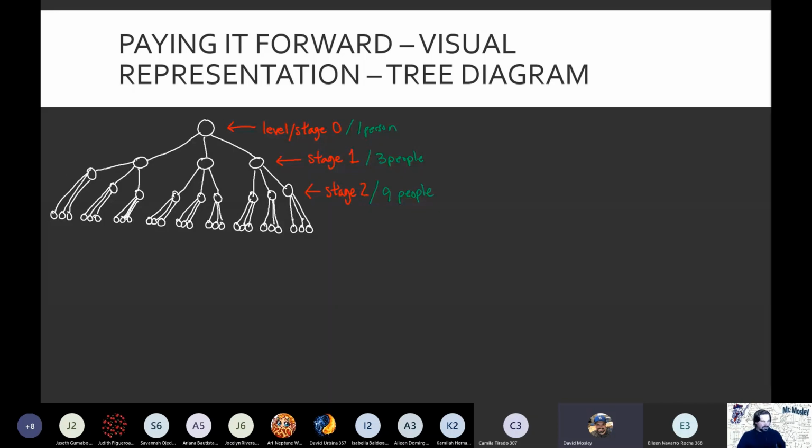So at stage 3, this level, how many people were helped at that level? Yeah, Jocelyn, that's correct. 27.